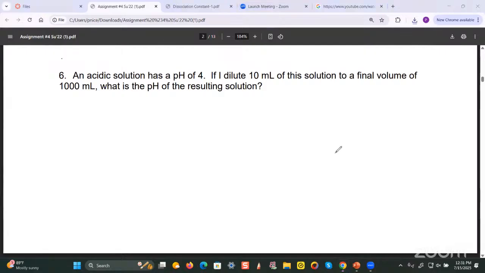They gave you the initial pH, and then you're diluting 10 mL of solution to a final volume of 1,000 mL. So the question is asking what would be the final pH of the resulting solution? Any ideas?